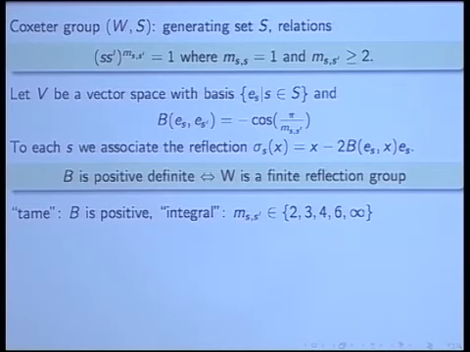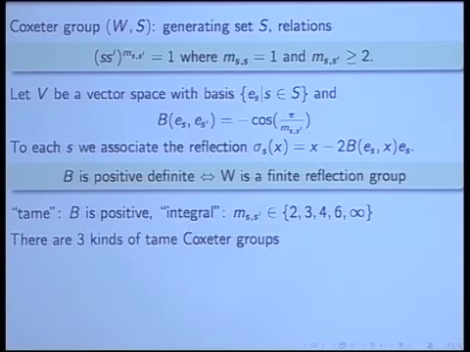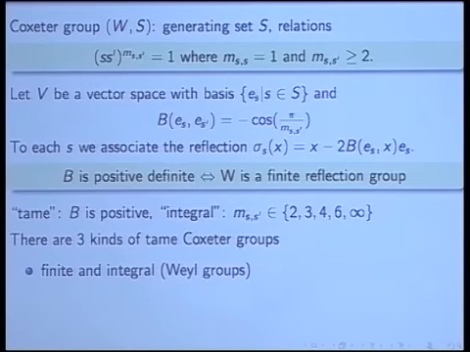There are mainly three types of tame Coxeter groups. First, the finite and integral, when B is positive definite. These are the Weyl groups I was speaking about before. Then the finite and non-integral, so for example the dihedral group of order 5 or 10, depending on what people say, but you see what I mean. H3 and H4 as well.